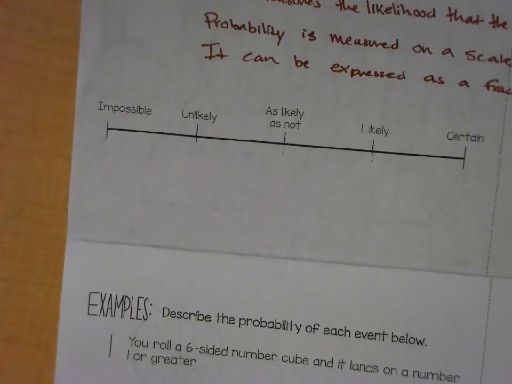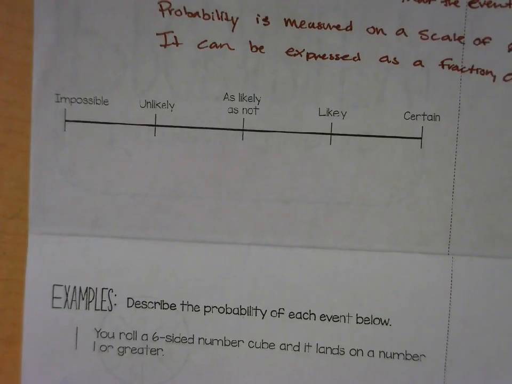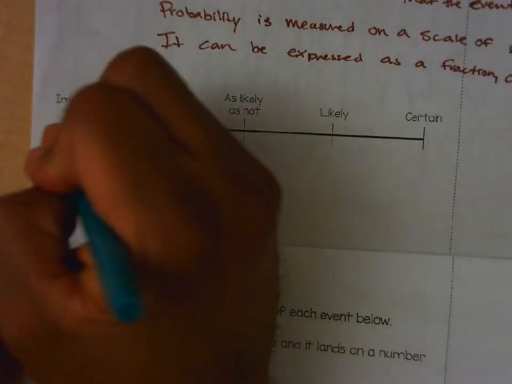Okay, so looking at the probability scale here, we have impossible, unlikely, as likely as not, likely, and then certain. As I stated before, if you're looking at impossible, that's what we call 0.